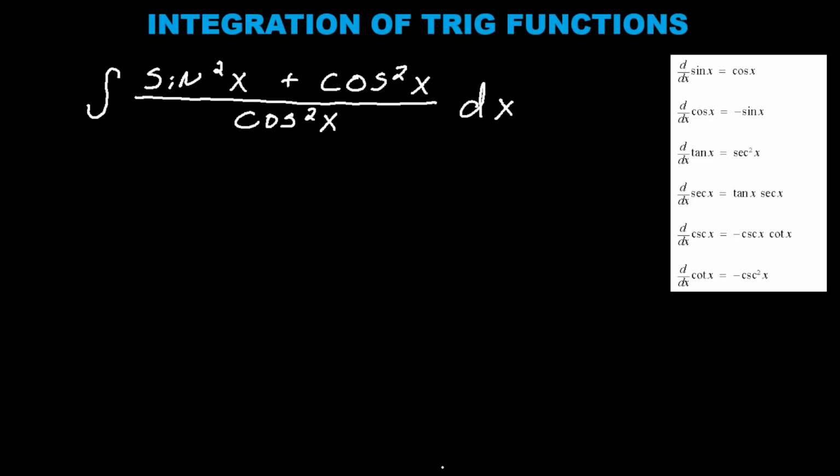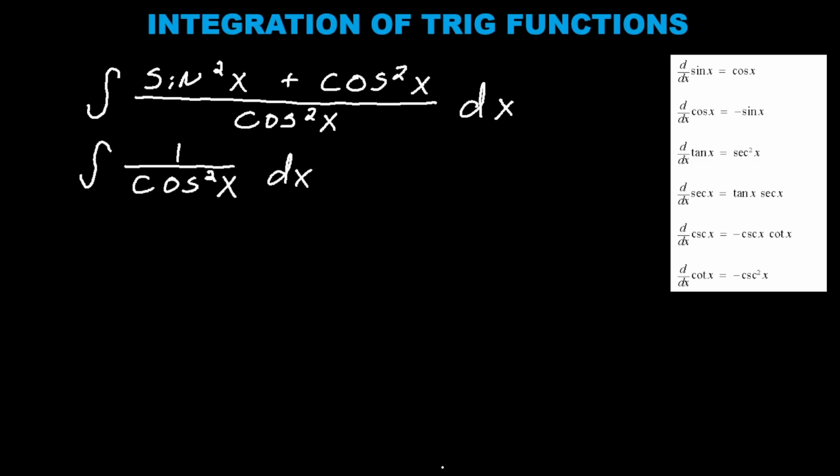Well, for this practice problem over here, there are two ways of doing this that jump right out at me. And the first one, which is really simple, I see on the top here that we have a trig identity that we just reviewed, sine squared x plus cosine squared x equals 1. So on the next line, I can replace the sine squared x plus cosine squared x with 1.